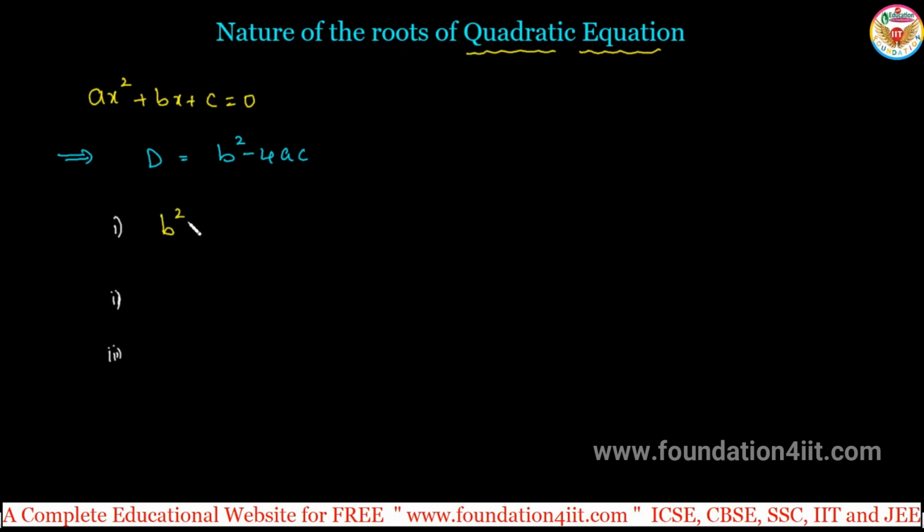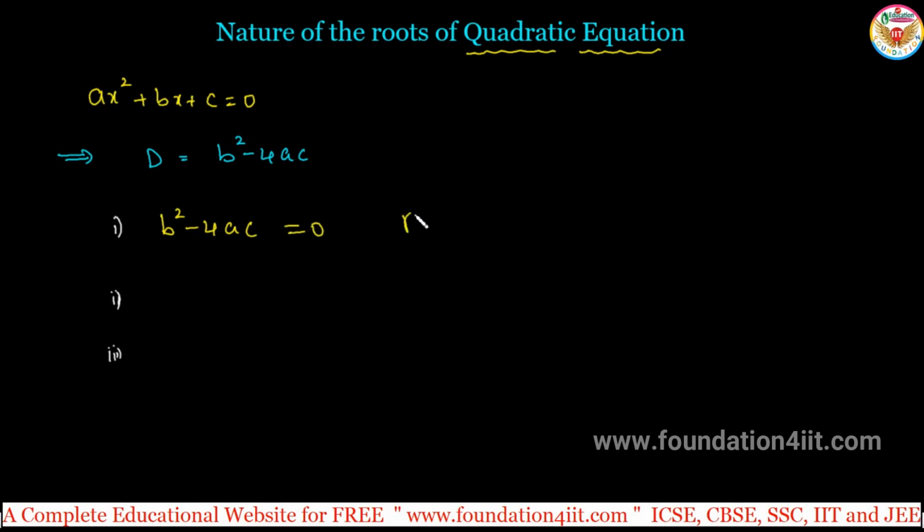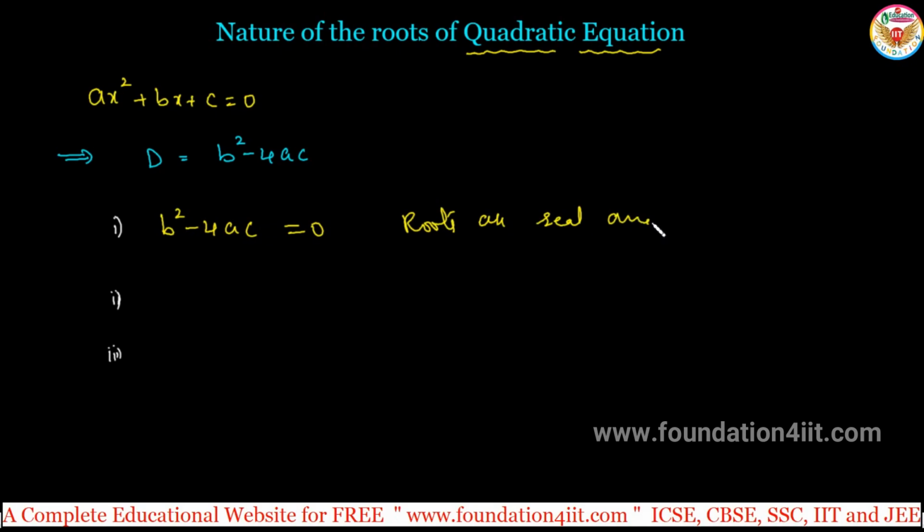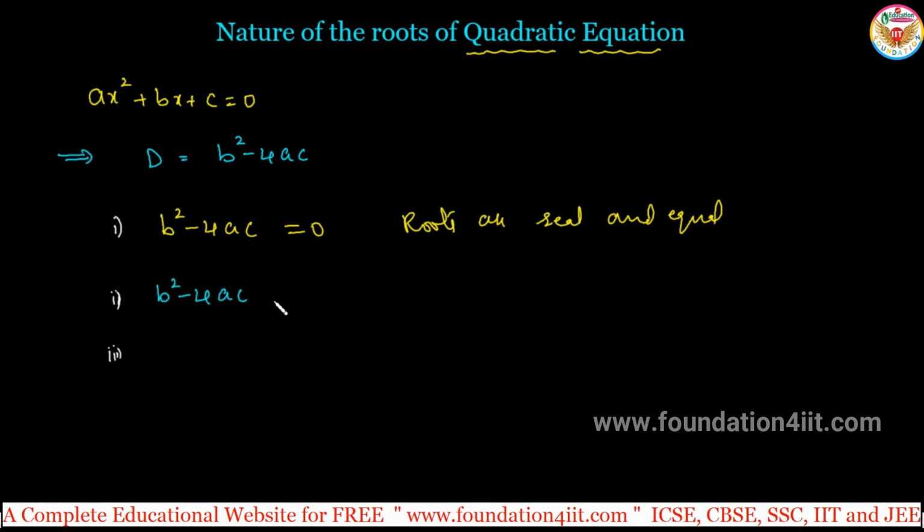If b square minus 4ac, the discriminant, is equal to 0, then the roots are real and equal. And one more: the b square minus 4ac value has three options, either equal to 0, greater than 0, or less than 0.